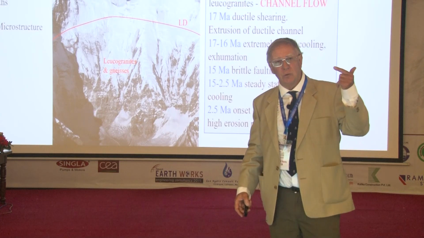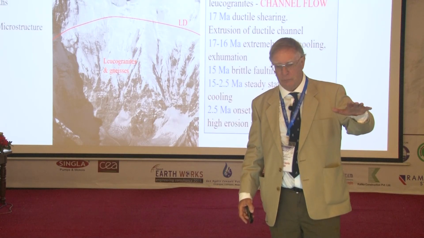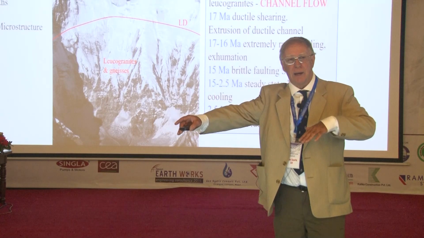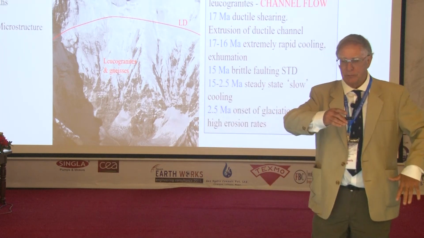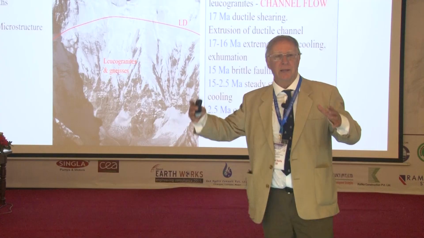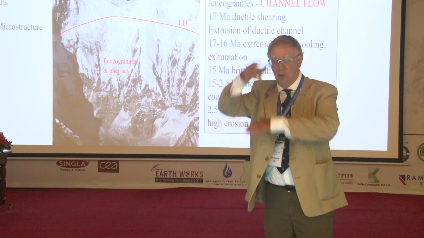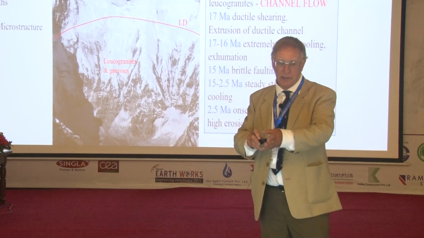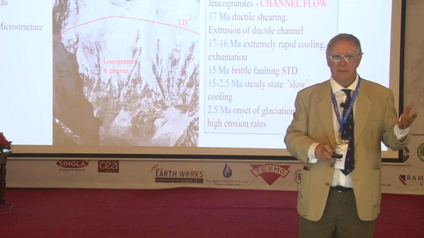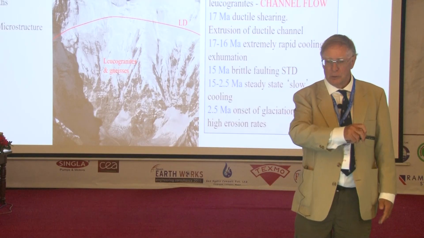All of that cooled very, very quickly, 17, 16 million years. Brittle faulting on the South Tibet detachment, brittle faulting at the base of the NCC, probably around 15 million years. And we have a very steady state cooling as it's passively uplifted by jacking up from underneath until you have the onset of glaciation about 2 million years ago. And then you see geomorphology like we see today.